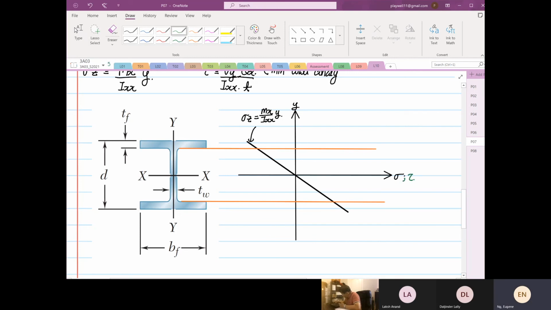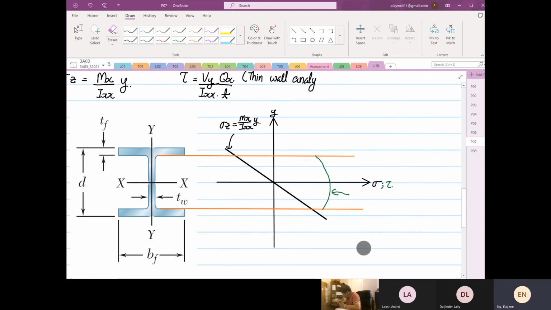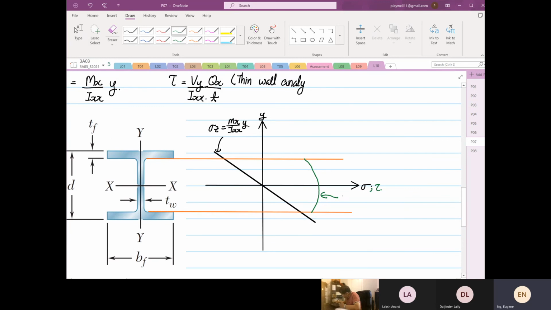I know this will not be 0. It will probably look like this, and this over here is for Vy. It's Vy over Ixx, Qx multiplied by t.